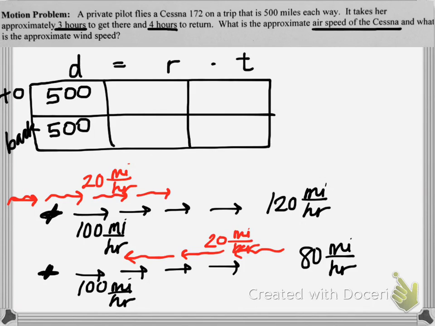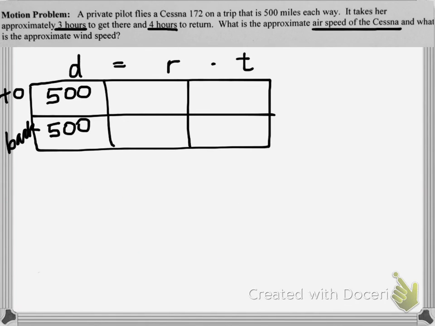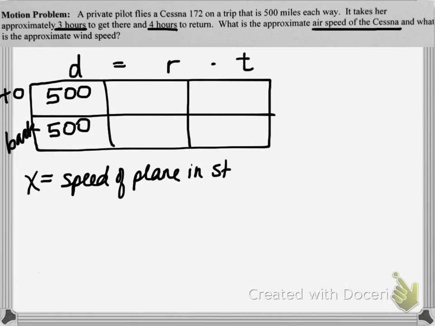So my unknowns right now, I don't know the speed of the plane, and I don't know the speed of the wind. So let's go ahead and give those our variable names. I'll just use x and y. So I'm going to say, let x be the speed of the plane, what this problem calls the airspeed, but I'm going to write it as the speed of the plane in still air.